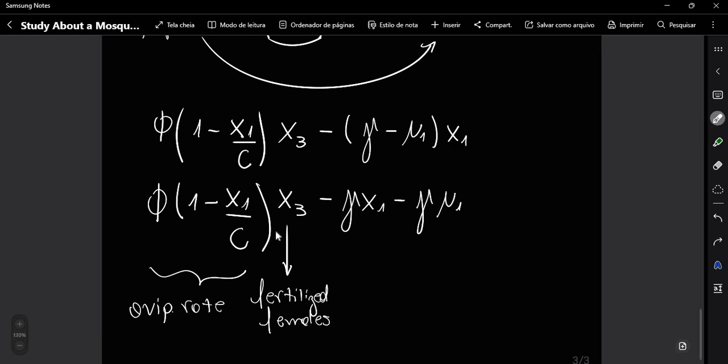And gamma is again the rate, how they will pass from the aquatic phase to the winged phase.